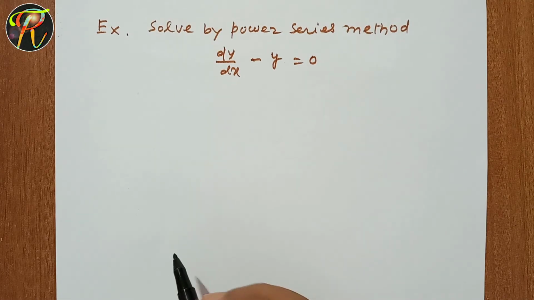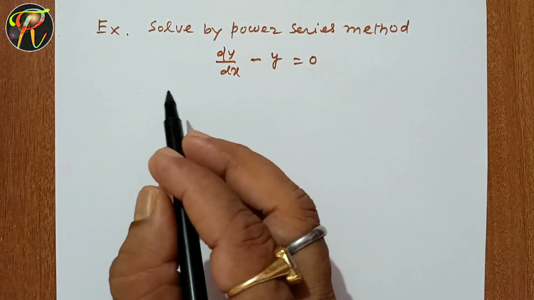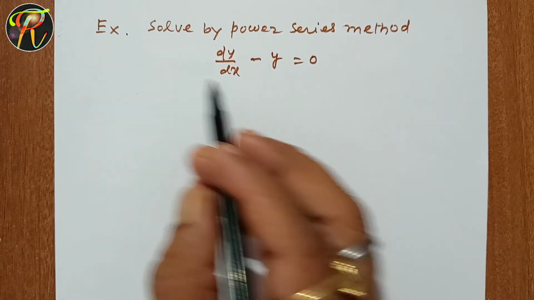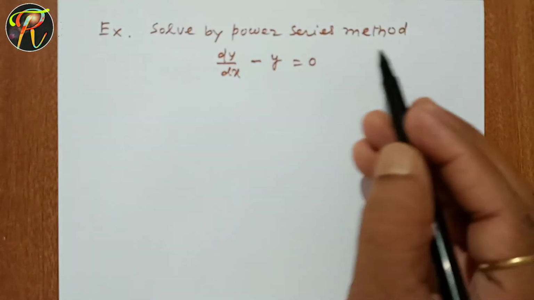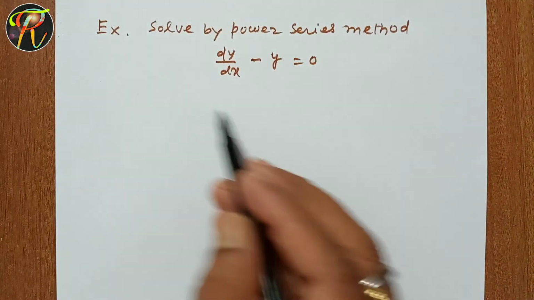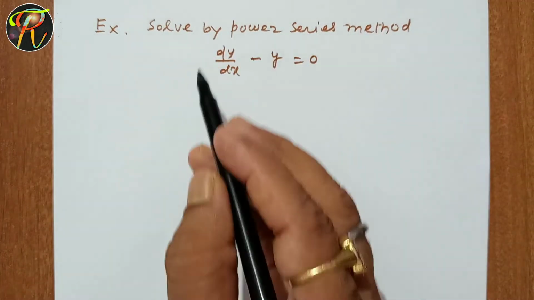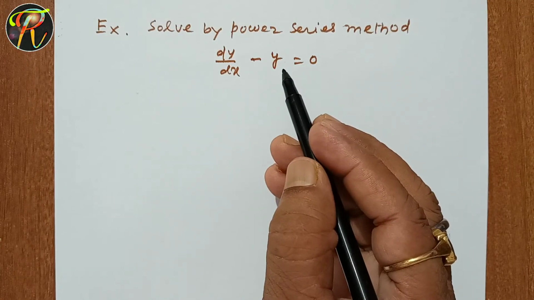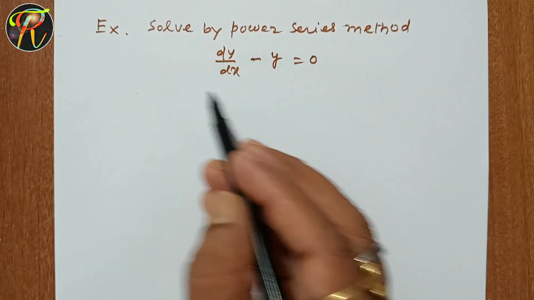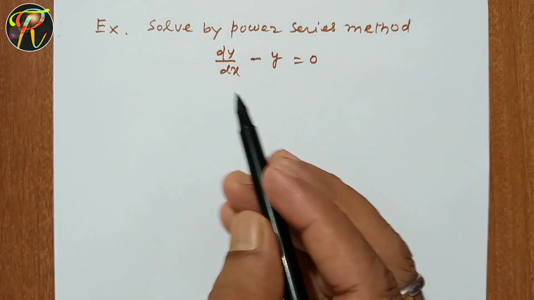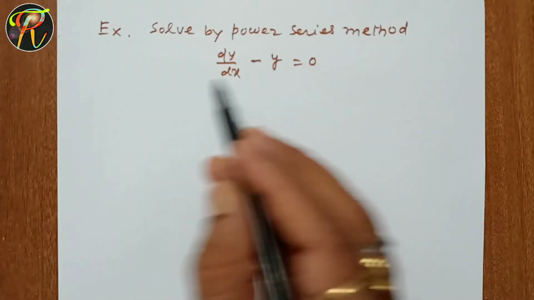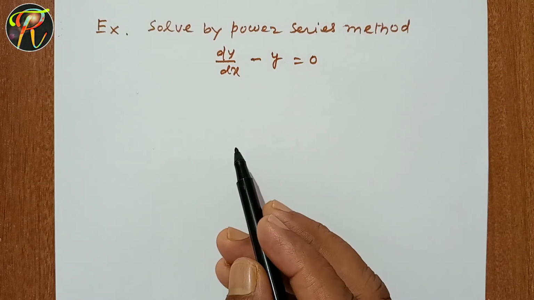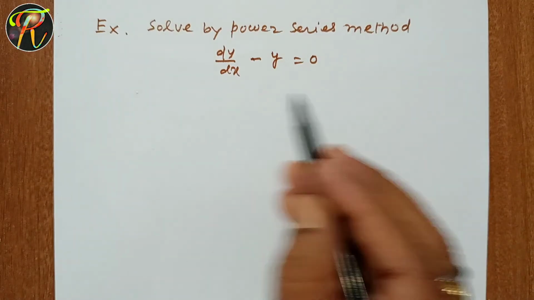Now this is an example of a differential equation to solve by the power series method. This is a differential equation of first order and first degree. This can also be solved by the general method, means by the variable separable method, but our aim is to explain the power series method.